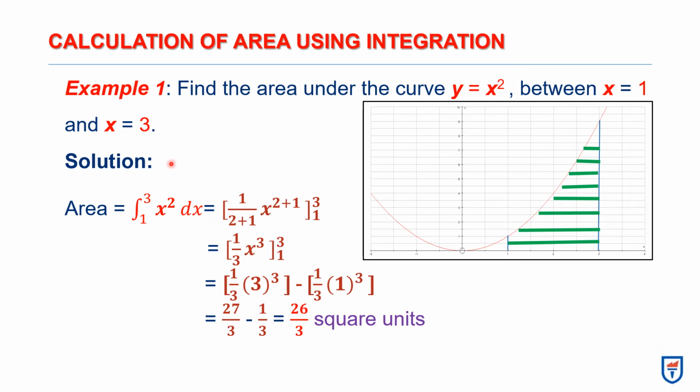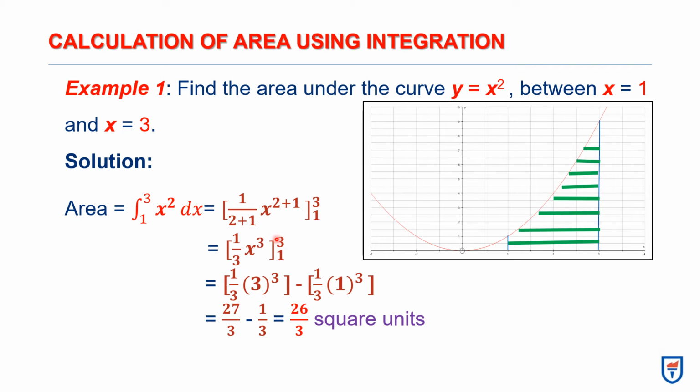Now we need to integrate the function for this graph, which is y equals x squared. So we integrate in terms of x: the integral of x squared dx with the upper limit of 3 and the lower limit of 1. When you integrate x squared, you add 1 to the power, so we end up having x to the power 2 plus 1, divided by the new power, which is 2 plus 1, with the limits 3 and 1. So the integration result is 1 over 3 x cubed.